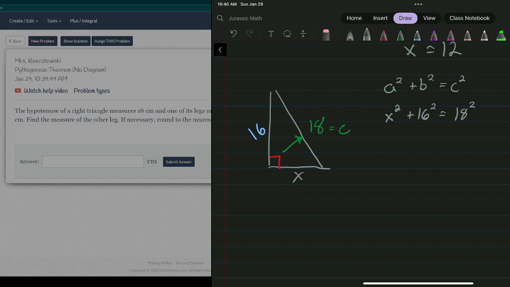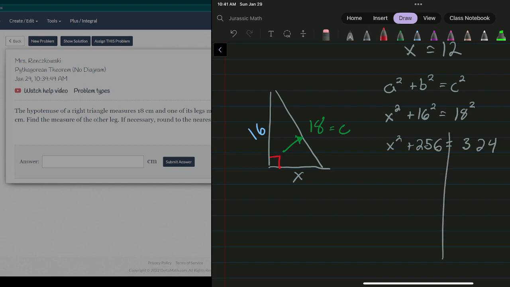I'm going to open up a calculator because there is no way I can do this in my head. And I need to make sure it's on a scientific calculator. So first up is 16 times 16, which is 256. And then 18 times 18, 324. And then we do house method again.